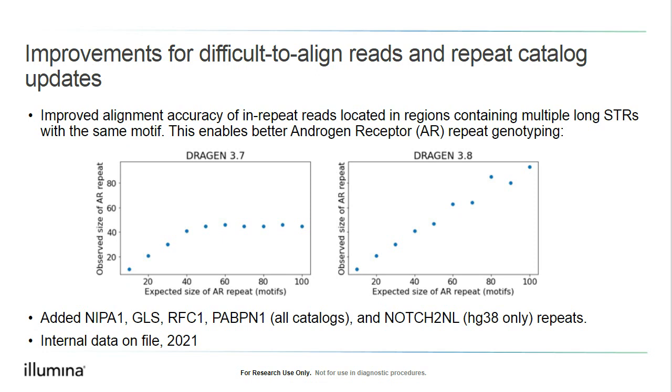In 3.8, we have improved this functionality, and now you can see that for these samples, we are clearly showing that there are repeats that go beyond 40, and now you are able to better diagnose if there is any pathogenic content or not. Also, as part of the update for Expansion Hunter, we have introduced additional genes.